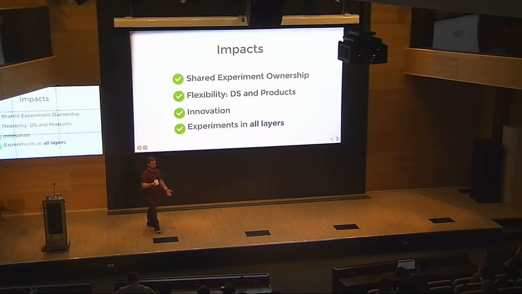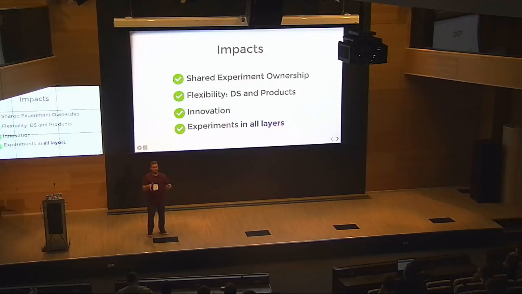Impacts. We can share experiment ownership for everyone. So my team, for example, I'm working on a team called Media, which is responsible for all the experience about uploading, downloading, and everything they need to do with files across Atlassian. If someone wants to do any experimentation with my team, they are able to do this if they have all the context with as little friction as possible.